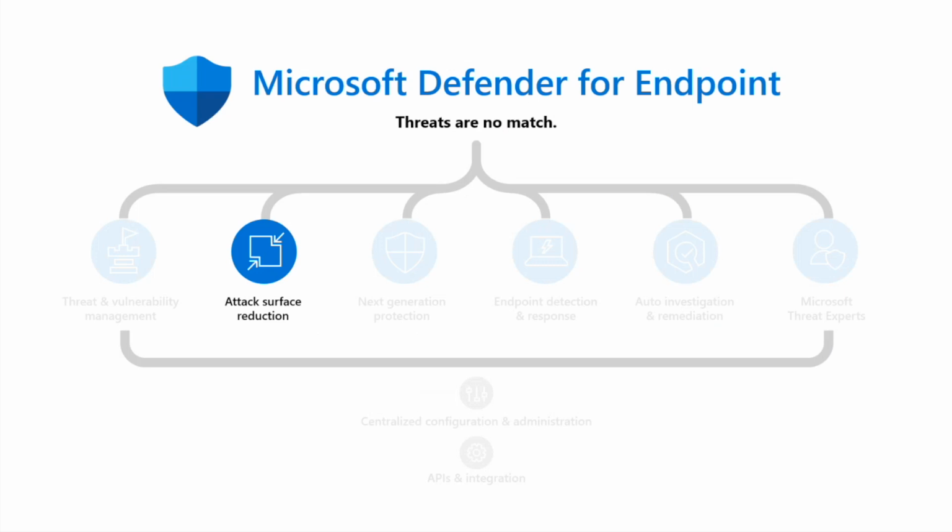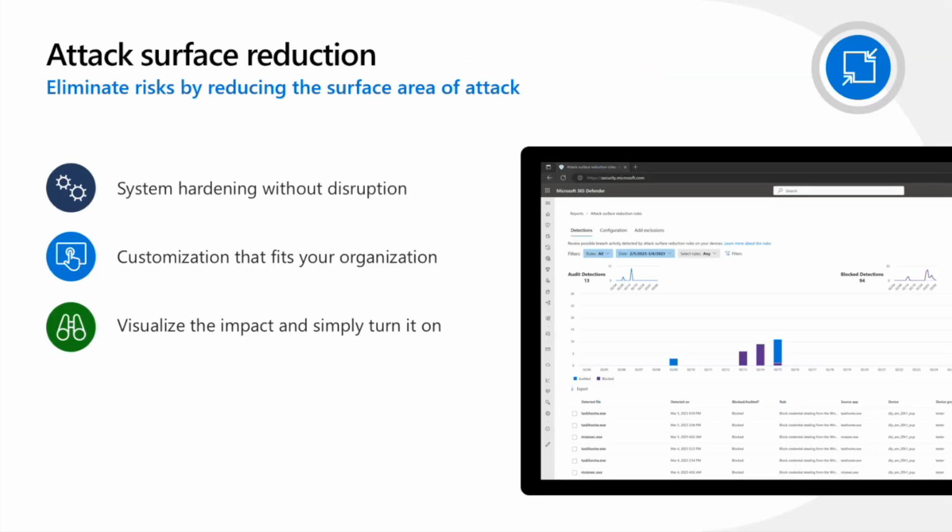Now, attack surface reduction is probably one of my favorite Defender features, to be honest, because it's so impactful. So attack surface reduction rules are what I like to call an extension to the core protections of Defender for Endpoint. This is where it really digs itself deeply into the Windows operating system, Windows client and server.